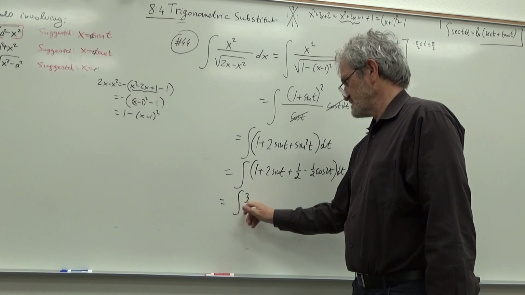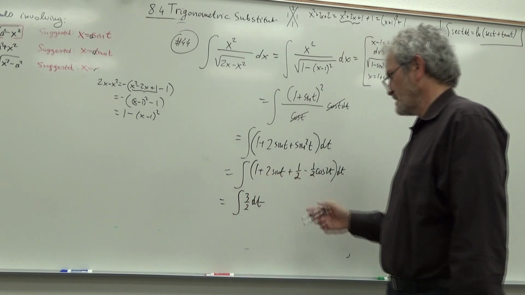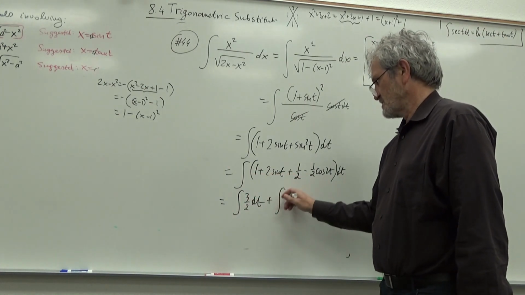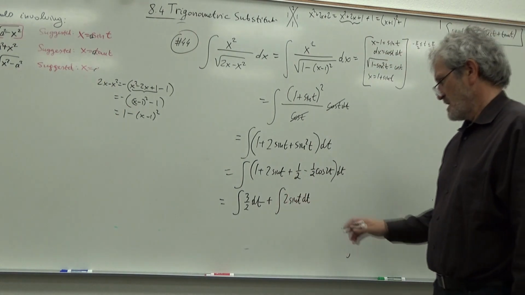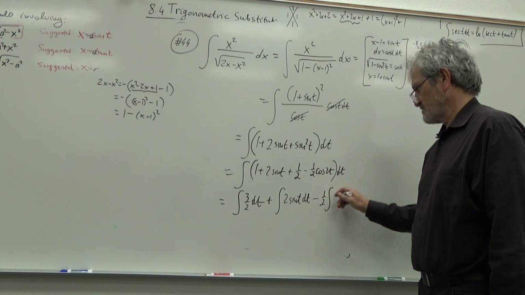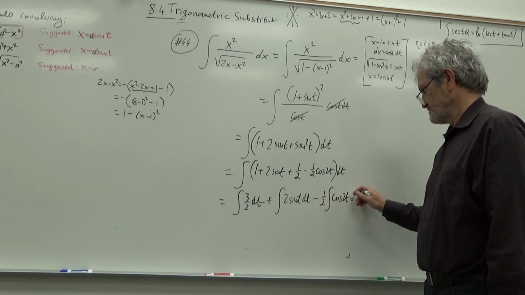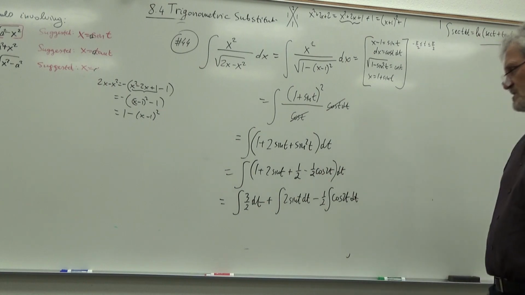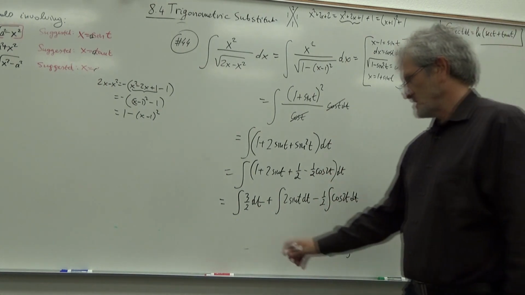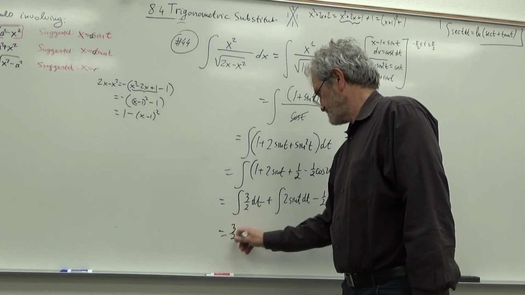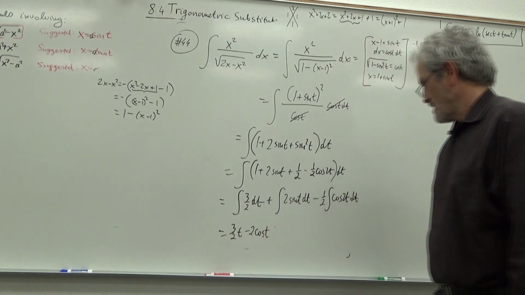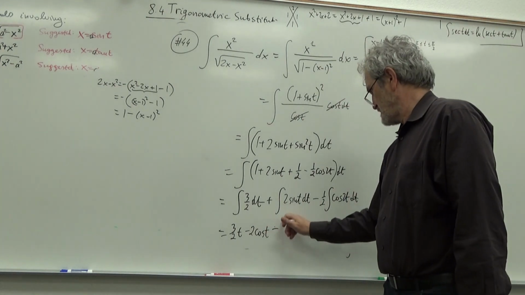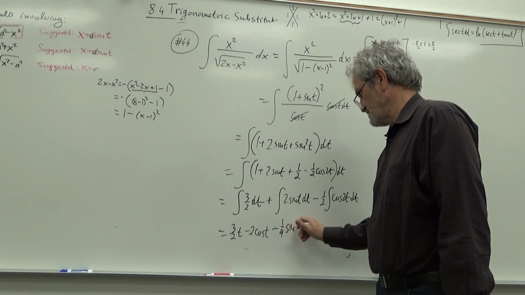Integral of 3/2 dt, plus integral of 2 sine t dt, and minus 1/2 integral of cosine 2t dt. Here I pulled out minus 1/2, so I thought I would put plus and minus in there. And that's it. Now we get 3/2 t minus 2 cosine t. And what would that be? Minus 1/4 sine 2t.